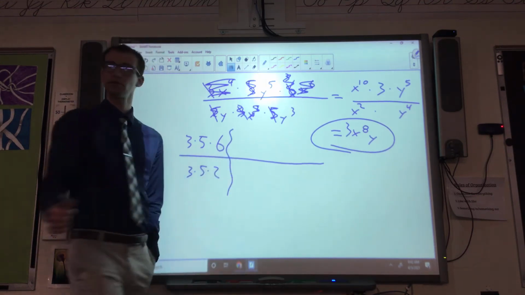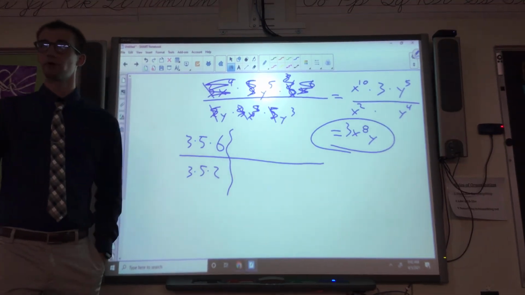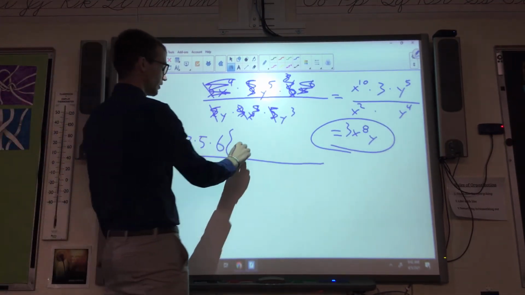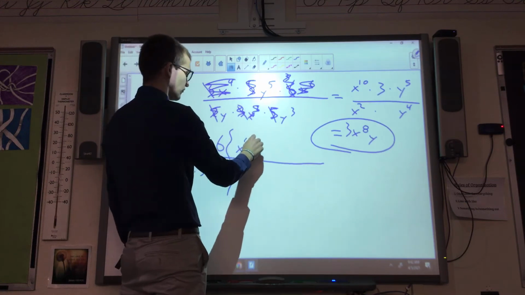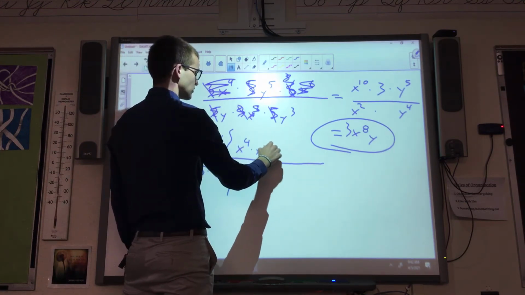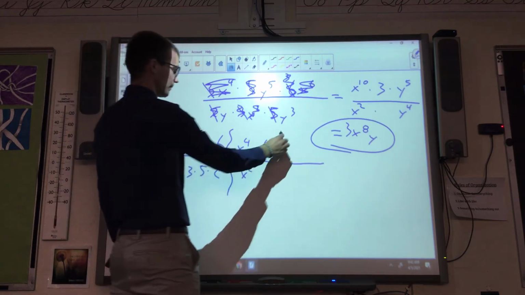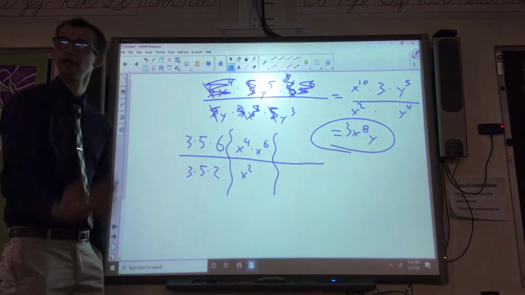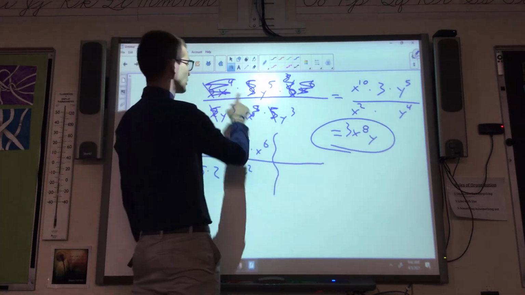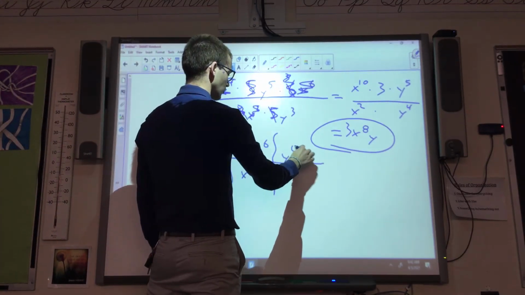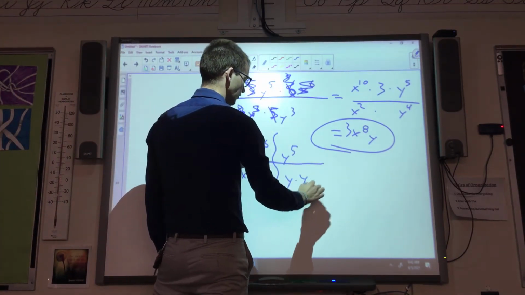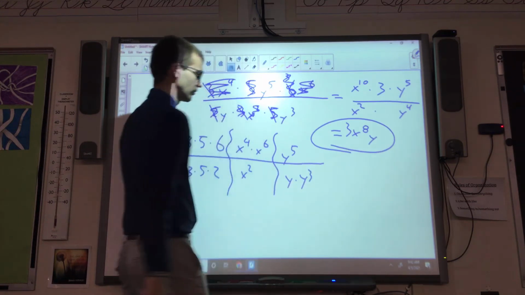And I would even draw like a little squiggly line there so that I remember, hey, that's one thing. And then I'm having my x's together. X to the 4th times x to the 6th over x to the 2nd, because that's the only x on the bottom. I'll draw a little squiggly line because I know that after that, I'm done with things. Y to the 5th over y times y to the 3rd.